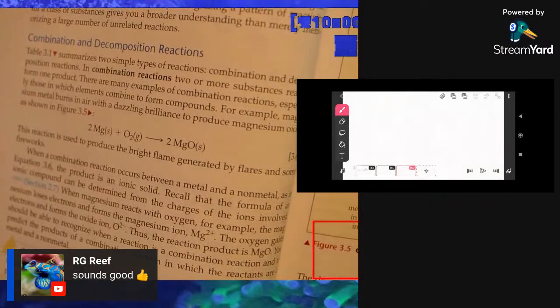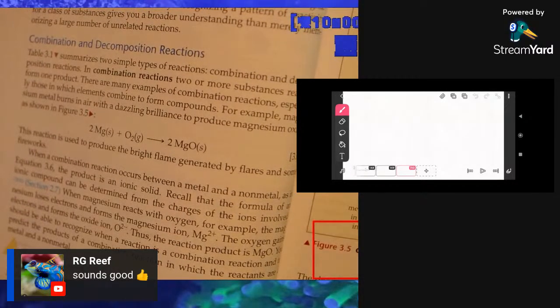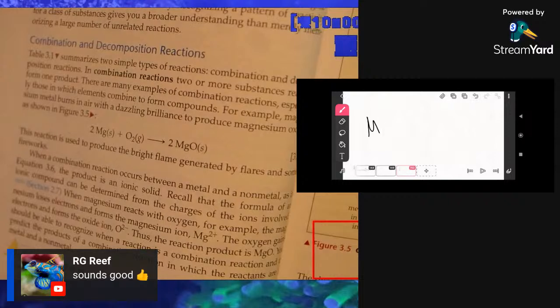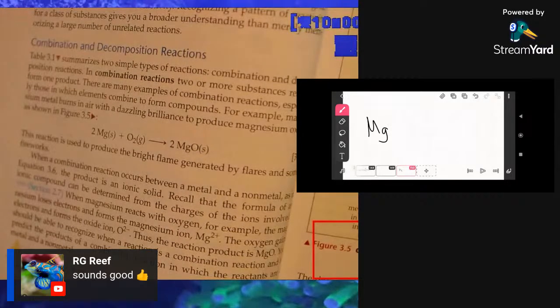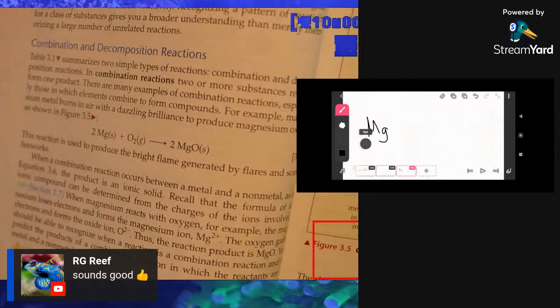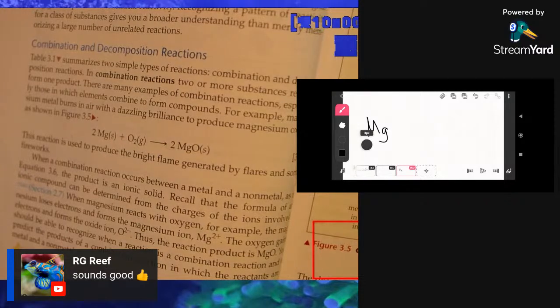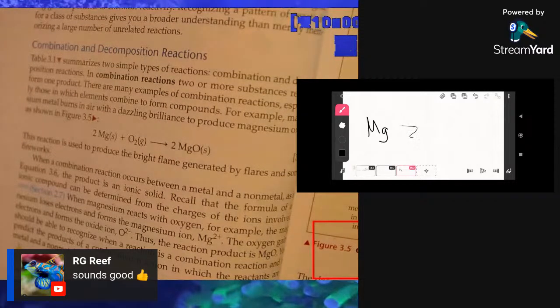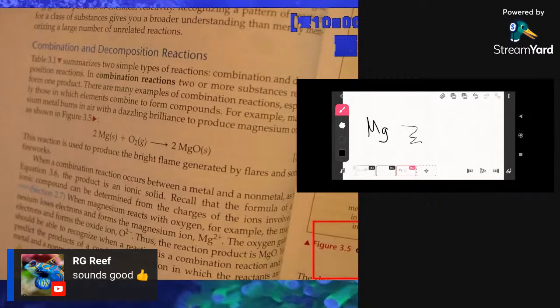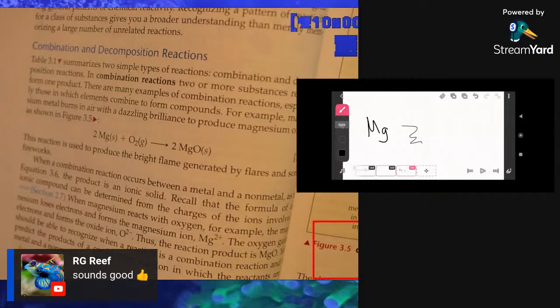Hold on, guys. I gotta let go of the book, but hold on real quick, guys. Could you guys read that still? Or can I go lower on the pixels?